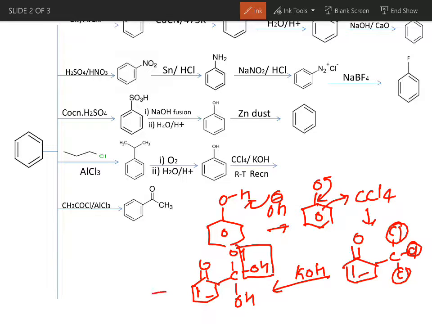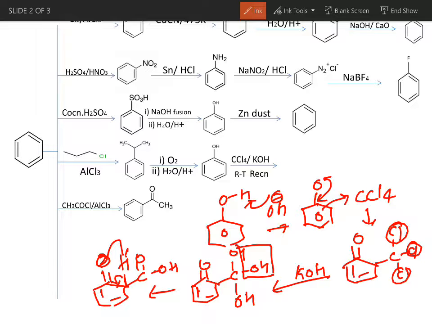On dehydration, it will give C double bond O OH, that is carboxylic acid, and here it undergoes tautomerization. This hydrogen will be abstracted by this oxygen and the ring gets aromatized here.